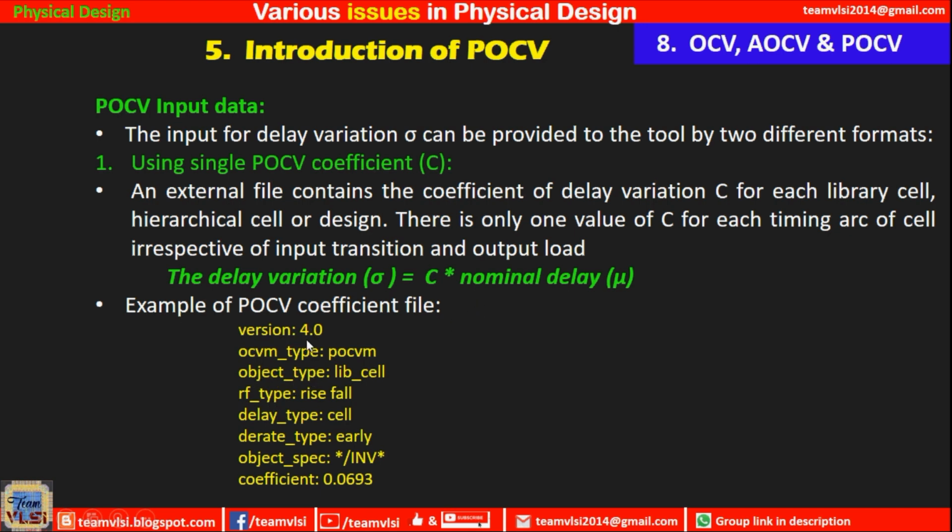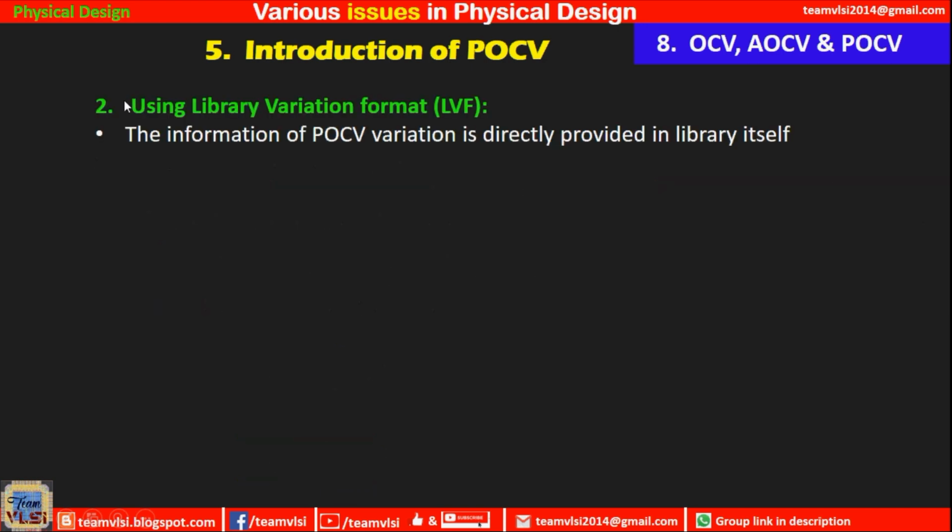It has the version of this file, then OCVM type, which is here POCVM, object type library cell, and then RF type, that is rise or fall, delay type, it's for cell, and derate type, it's early, and object name here, and it is the coefficient 0.0693 here.